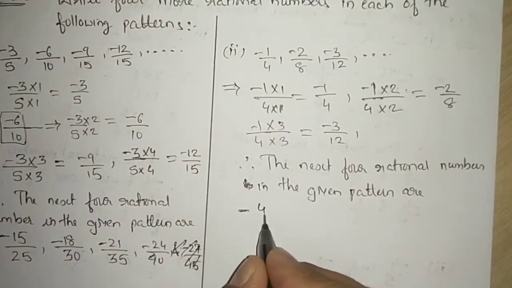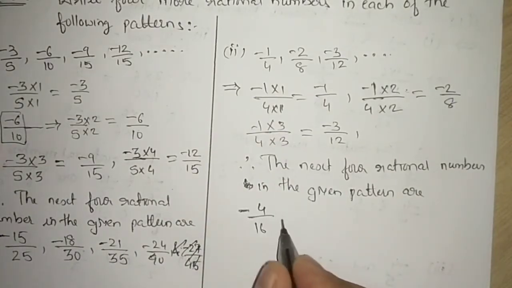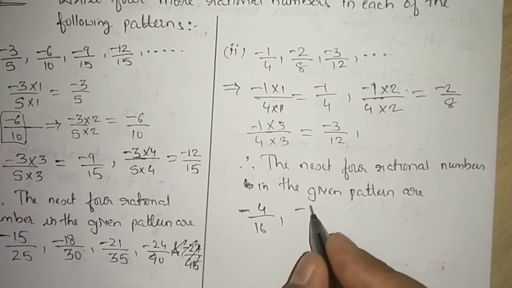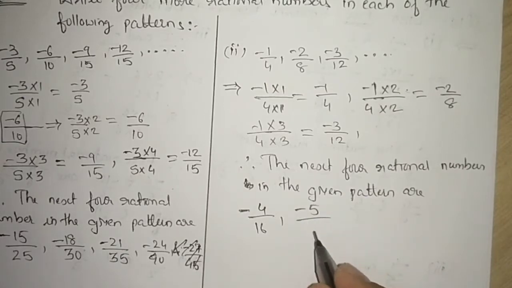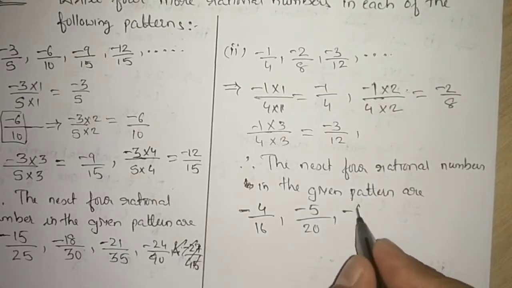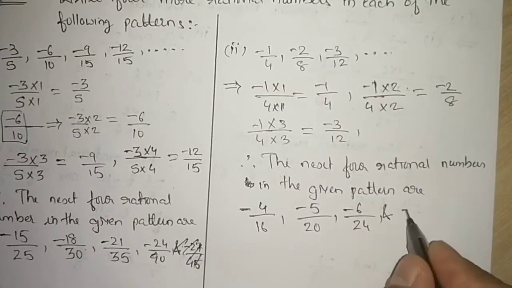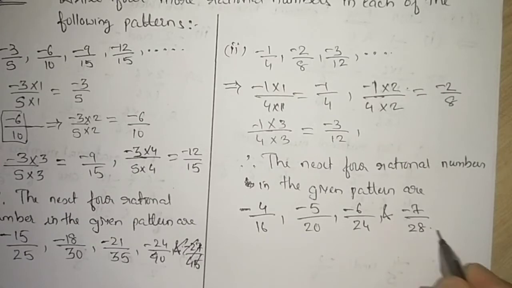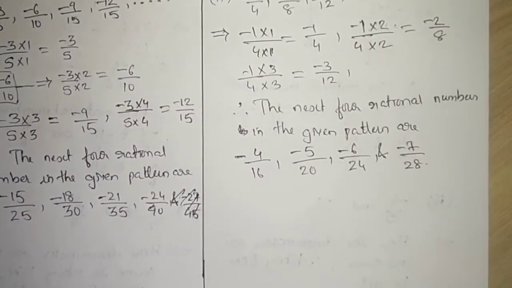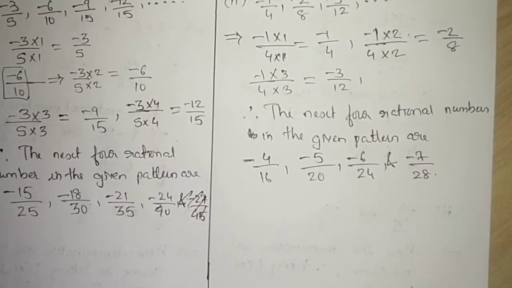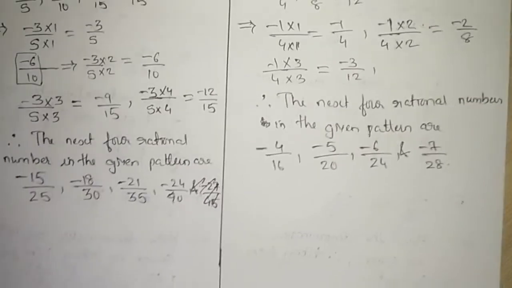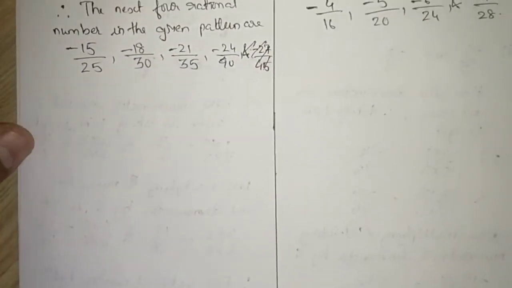So minus 4 divided by 16, minus 5 divided by 4 5s are 20, minus 6 by 24 and minus 7 by 28. Hope you have understood how to observe the pattern and write your answer. Coming to part 3.